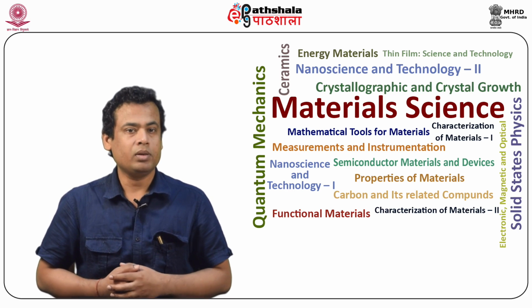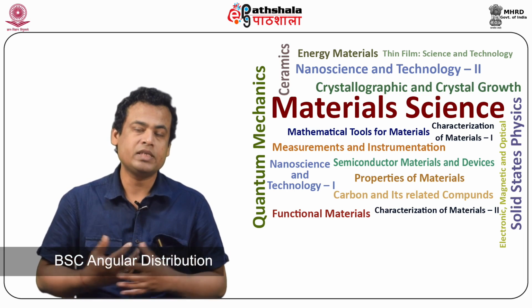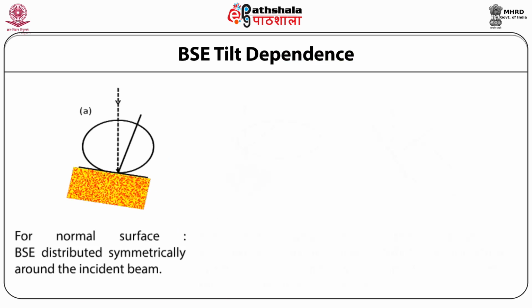And the fourth is the backscattered electron angular distribution. The backscattered electron tilt is also affecting the BSE emission. Here, the backscattered electron coefficient increases with tilt as the electrons can escape the surface with less total angular deviation. At very high angles, this corresponds to grazing incidence.